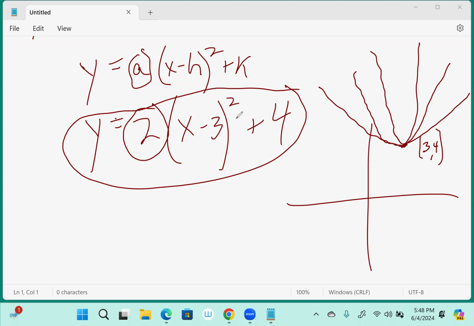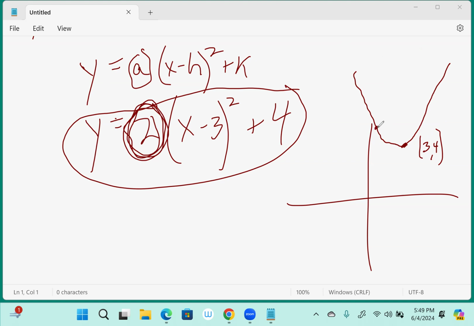If you look at this as a transformation, this is a vertical stretch factor. So that tells me that instead of being the normal parabola like this, it would be skinnier. In other words, every point is going to be twice as far away from the x-axis.